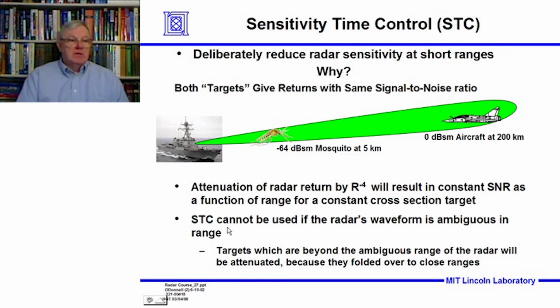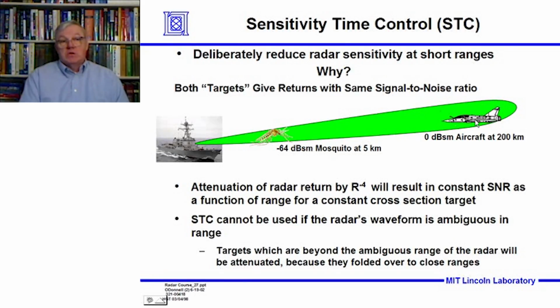Okay? Now, sensitivity time control is great, but you can't use it if your radar's waveform is ambiguous in range, because then I'd only have an unambiguous range interval. Say I had it only of 10 kilometers. This target down here would be way down here, so I'd be attenuating the signal strength with an r to the 4th factor, thinking it was really down here.